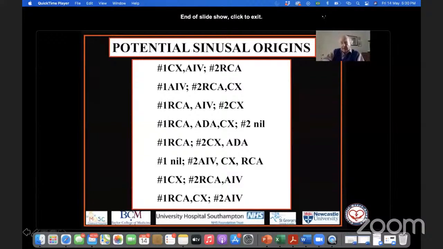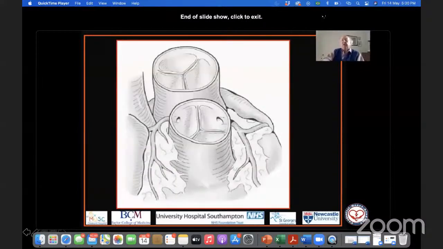Now, if you have 2 sinuses that give rise to the coronary arteries, and you have 3 coronary arteries, there are 8 potential patterns. And here you see those potential patterns. And in over 2/3 of cases, this is the usual arrangement of coronary arteries in transposition. Sinus number 1, the right-handed sinus, giving rise to the main stem of the left, which branches into the circumflex and anterior interventricular arteries.